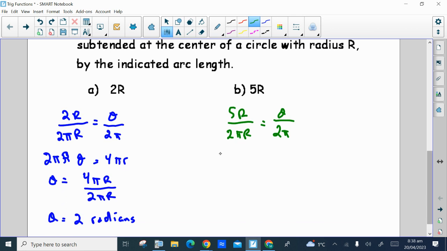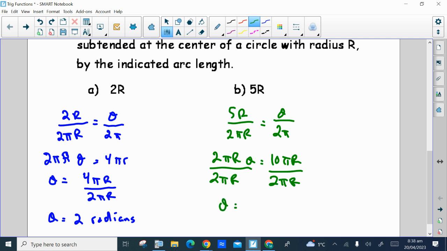So if we cross multiply, and then divide both sides by 2 pi r to get theta by itself. Once again, on the right side, the pi's and the r's cancel. You're left with 10 divided by 2, which is 5 radians.